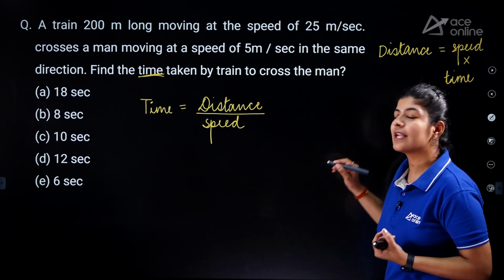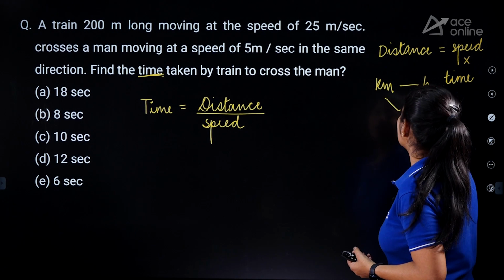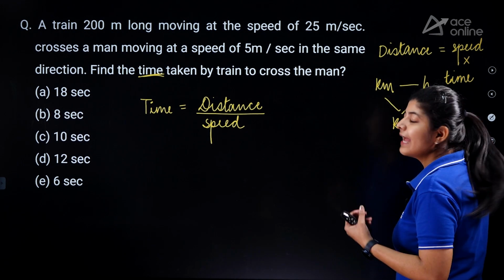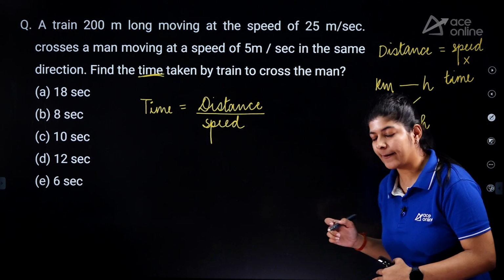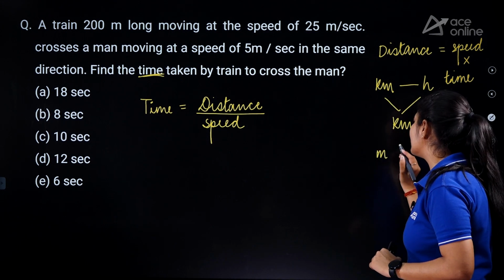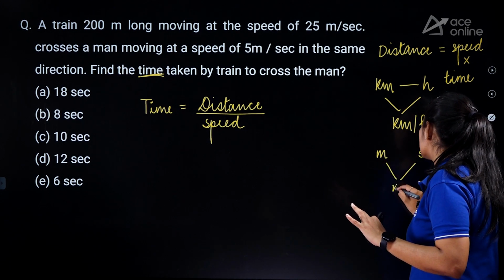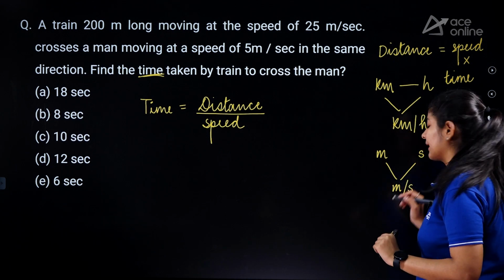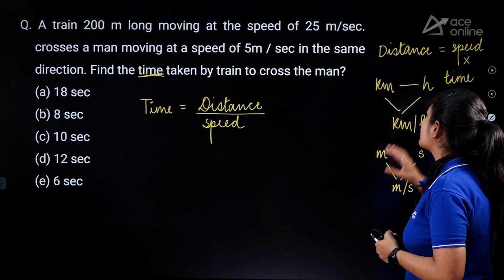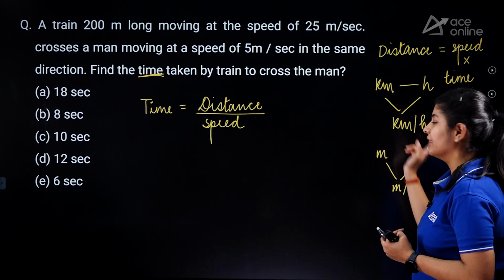If we have units in kilometers and hours, then we have to take all the values in kilometers and hours, and the speed in kilometers per hour. But if I have values in meters and seconds, then I have to take all the values in meters and seconds, and the speed in meters per second. If I have a combination of kilometers and seconds, then we need to convert one of the values, right?